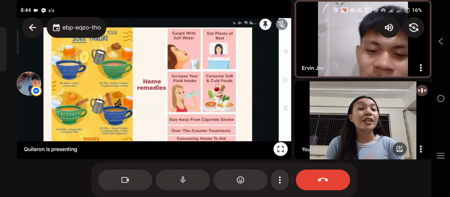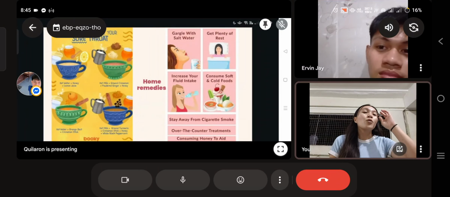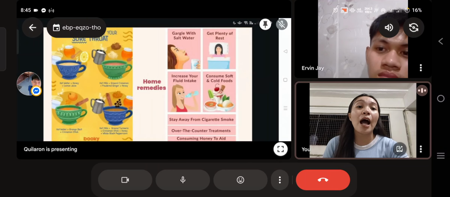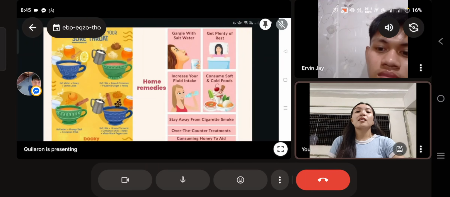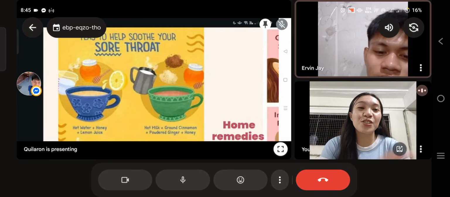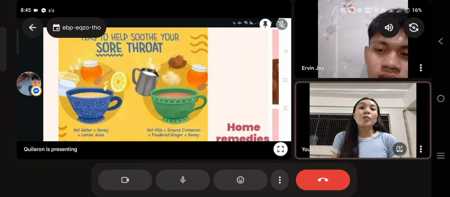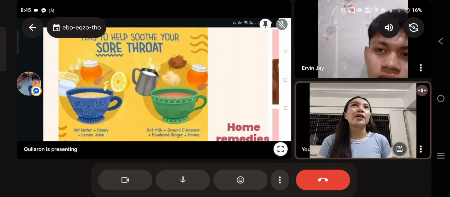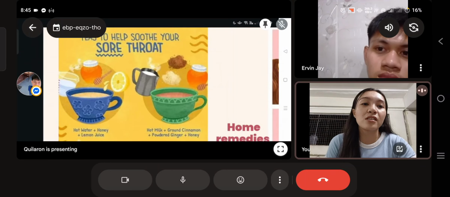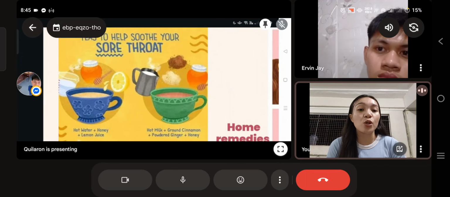We have here the home remedies. Wow, we are almost done. We have home remedies that can help you ease your sore throat and soothe it. You may ask your family members, your girlfriend, your nana, your daughter, brother, sister, anywhere in the world to make you hot water plus honey plus lemon juice.